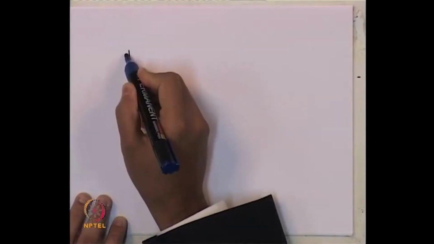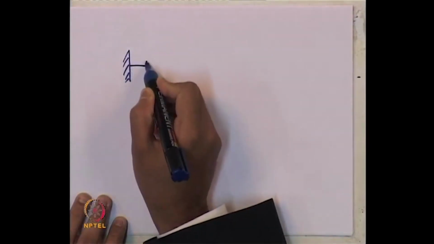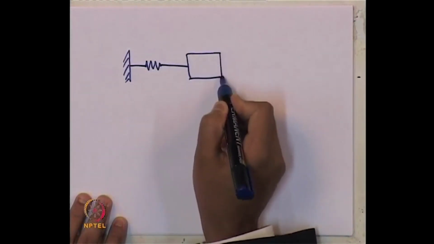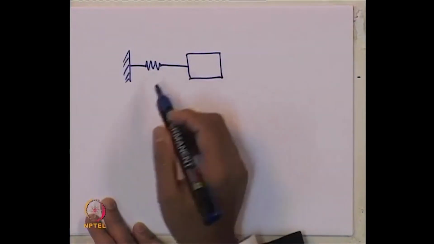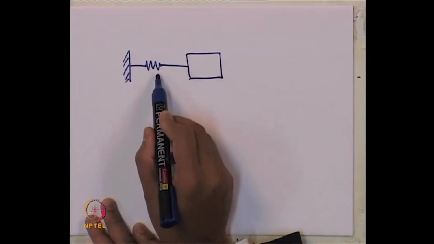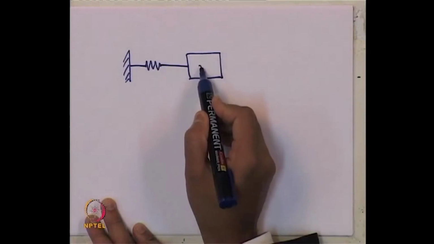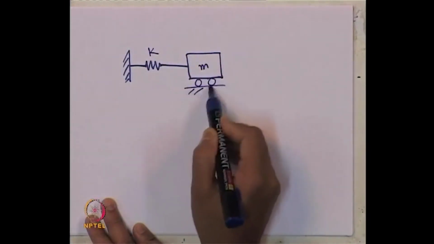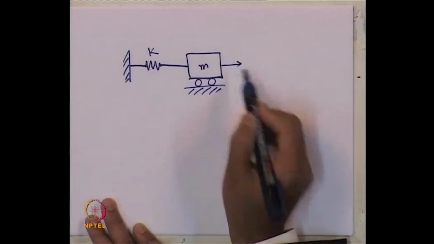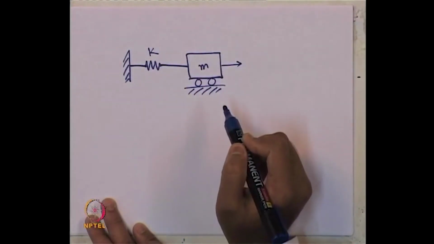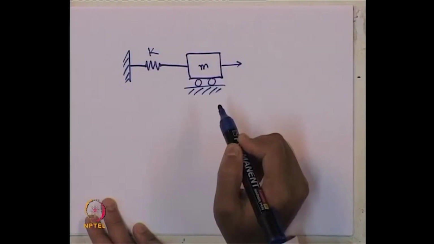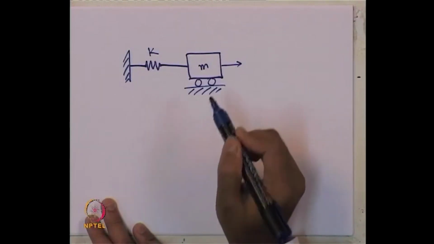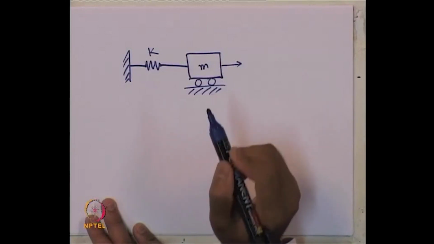Let us look at a few more examples of how to obtain the degrees of freedom of different systems. If we take a system like this, a rigid support, then one spring connected to a mass like this. If any dynamic load is applied to the system, how many independent coordinates are required to define its position at any point of time?